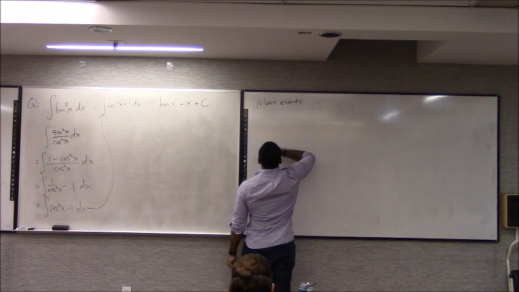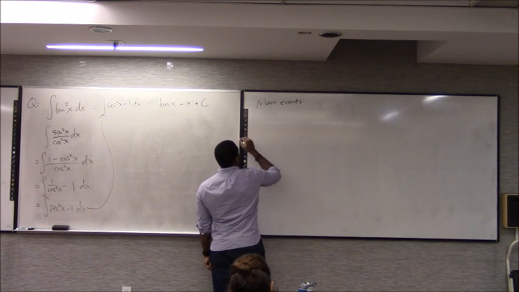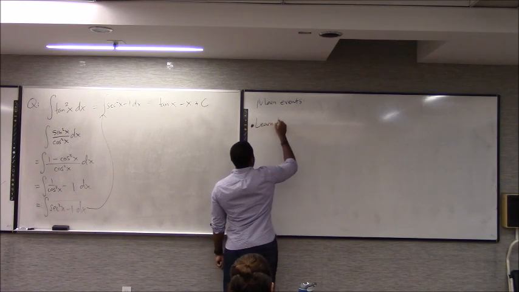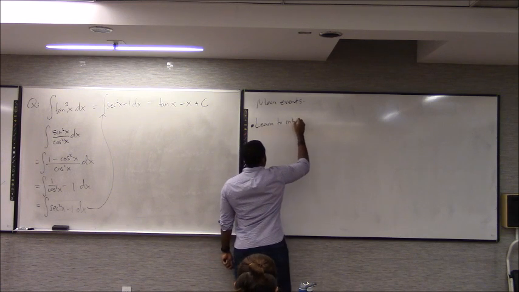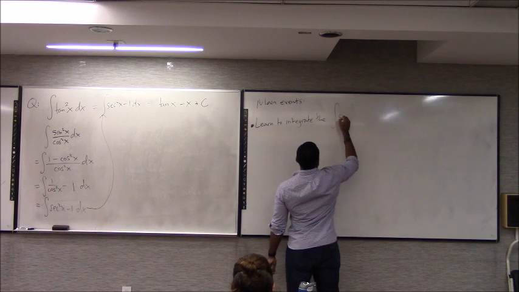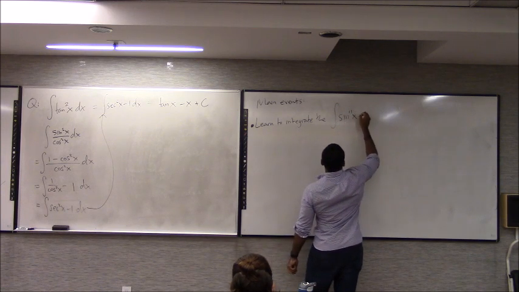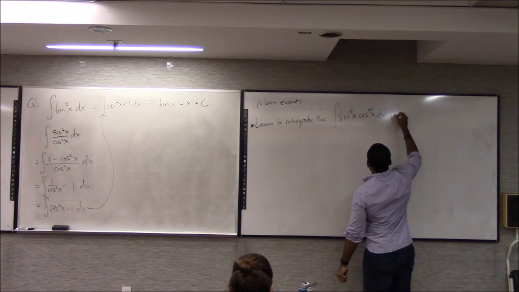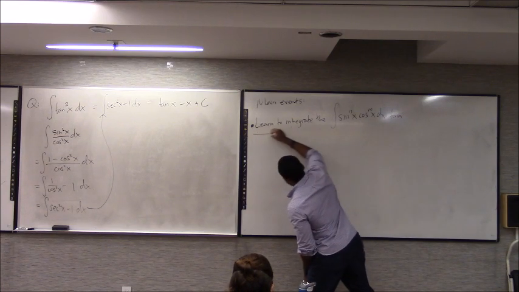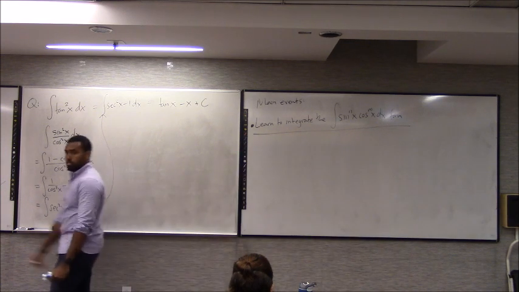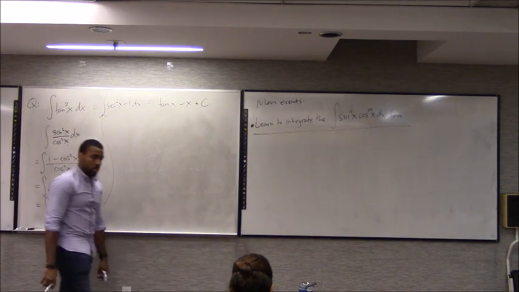The first event is we learn to integrate products of sines and cosines. Sometimes sines and cosines come together in a product, and I want to be able to integrate such a thing.